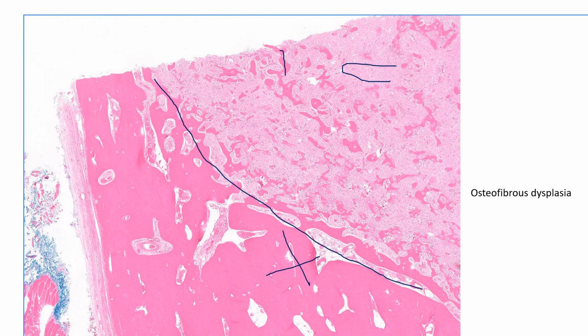Another thing that you may or may not see, and it's probably not very well seen here, is that the central portion of the lesion would tend to be more fibrous. The peripheral portion adjacent to the host bone tends to be more bony. Also notice that the bony trabeculae virtually merge with the underlying cortical bone, and that's something you often see in osteofibrous dysplasia.